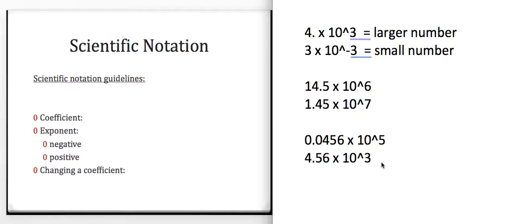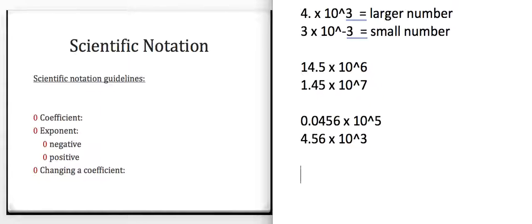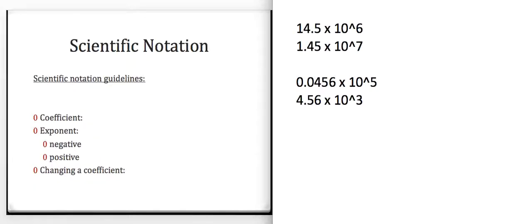Let's try one more just to make sure that this is making some sense. Let's try 345 times 10 to the negative second. As you probably guessed, I'm going to put that decimal point between the 3 and the 4.